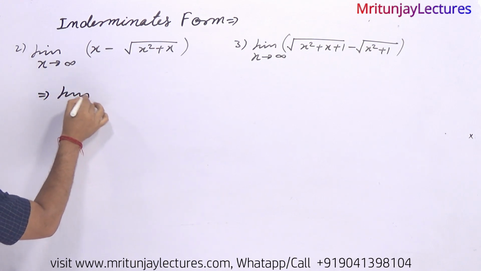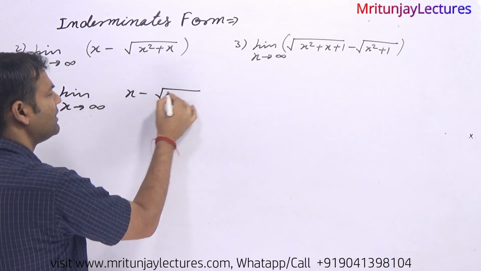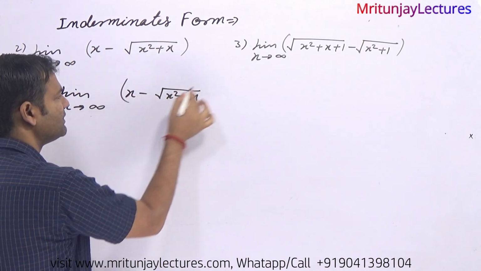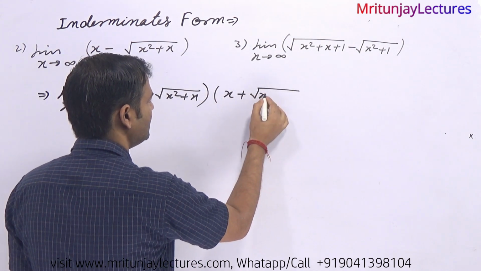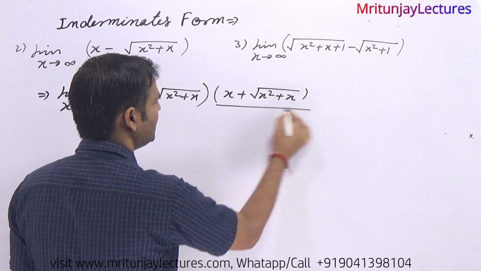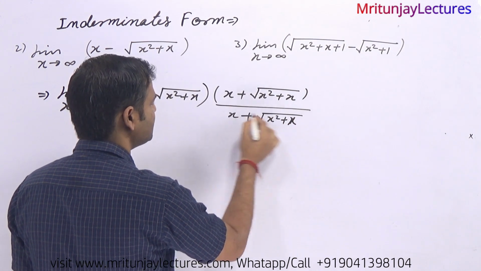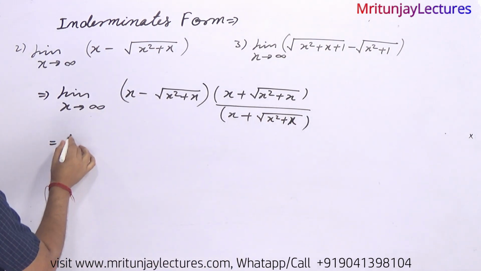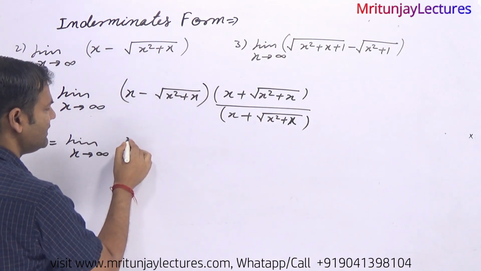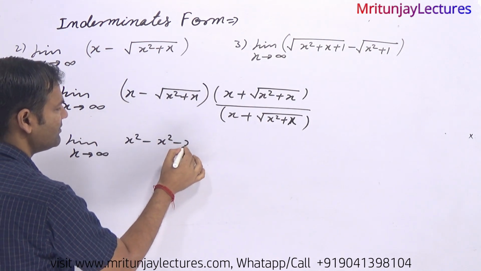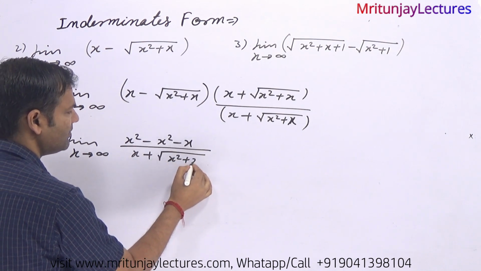First of all, it is written as limit x tends to infinity, x minus under root of x square plus x. If we rationalize this one, multiplying by x plus under root x square plus x divided by x plus under root x square plus x, then we get limit x tends to infinity, x square minus x square minus x divided by x plus under root x square plus x.